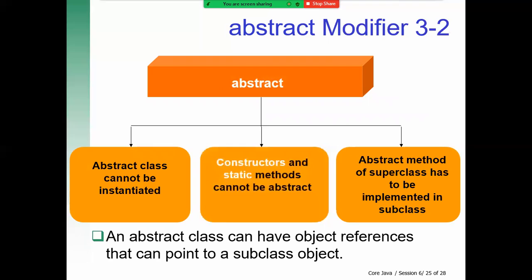That is, objects cannot be created from that class. Another important thing is that abstract classes cannot contain constructors and static methods.